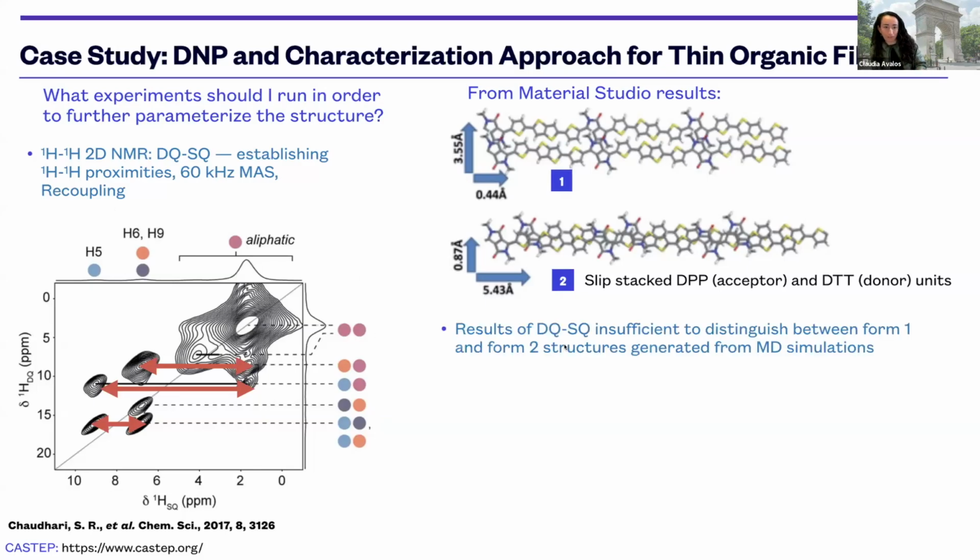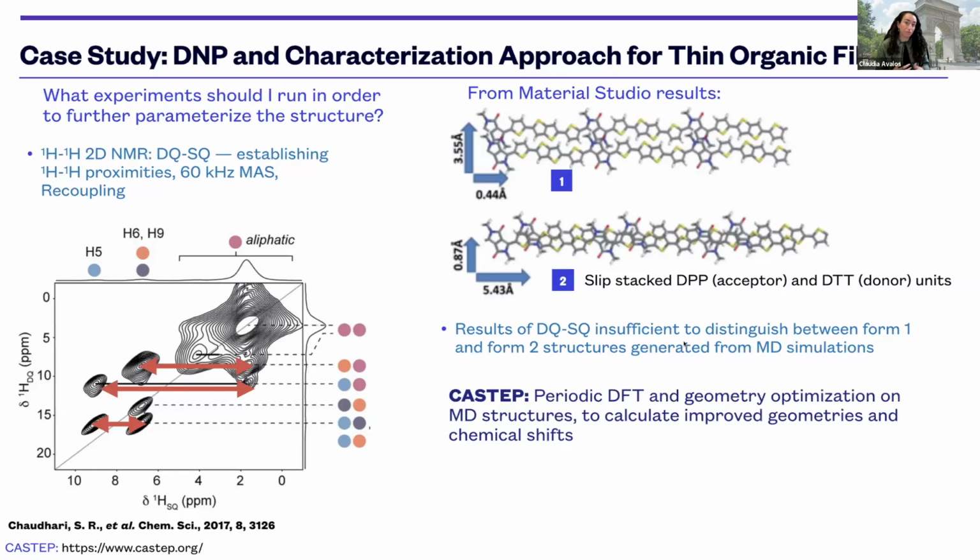In this particular case, the DQSQ results were not enough to distinguish between form 1 and form 2. Both of them were consistent with the data. So in the study, they went back to refine their calculations. They took the Materials Studio results and ran periodic DFT calculations using CASTEP, which is free with an academic license.